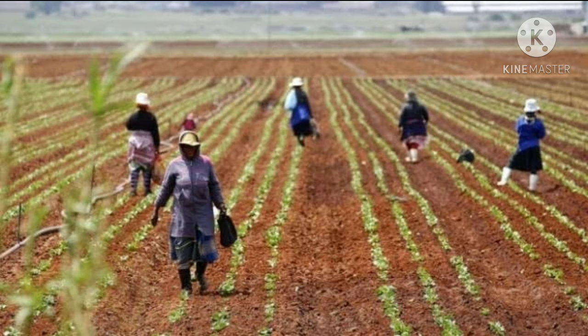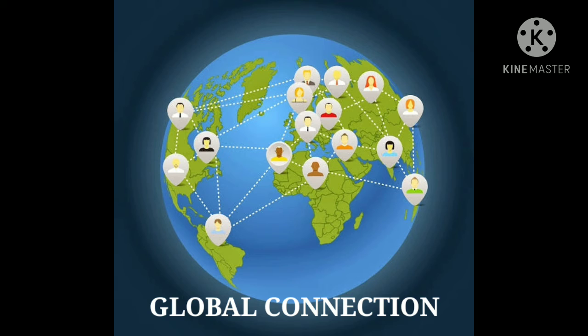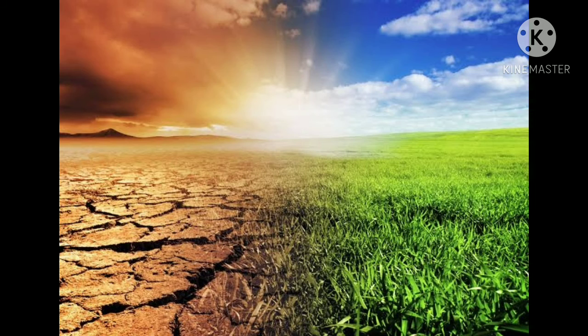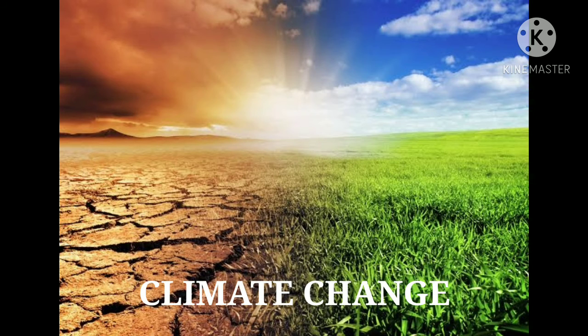Indeed, the global connection is still present and growing in distress, mainly climate change. African society is very closely coupled with the climate system. Hundreds of millions of people depend on rainfall to grow their food.